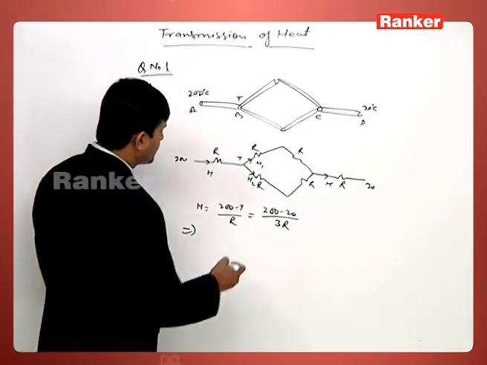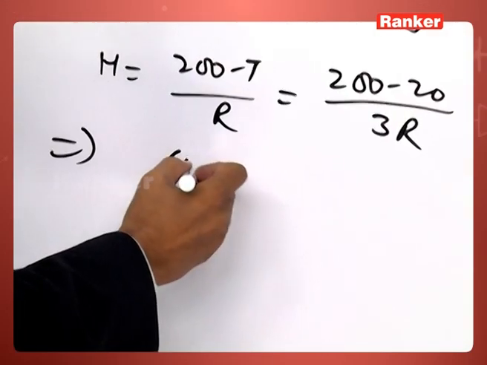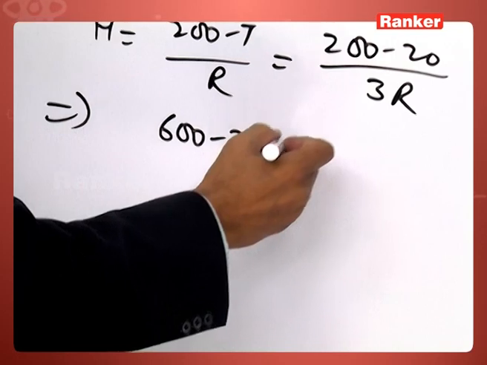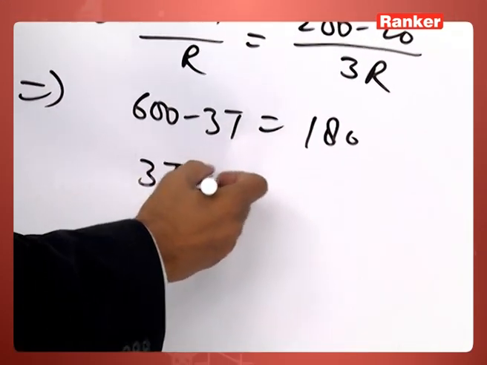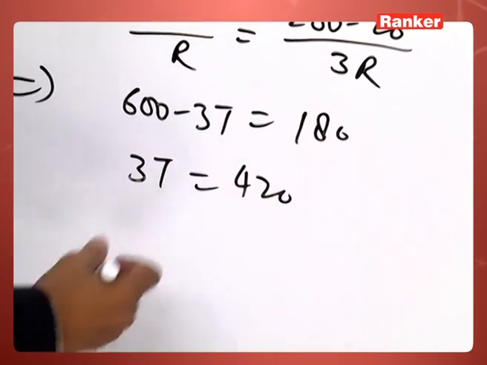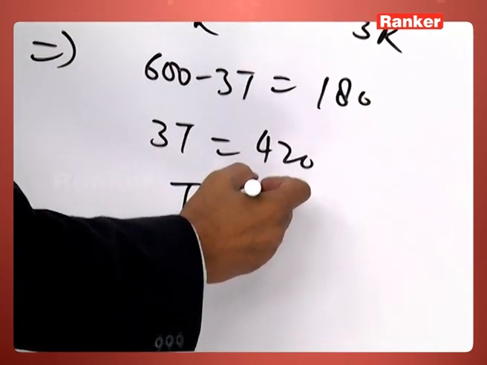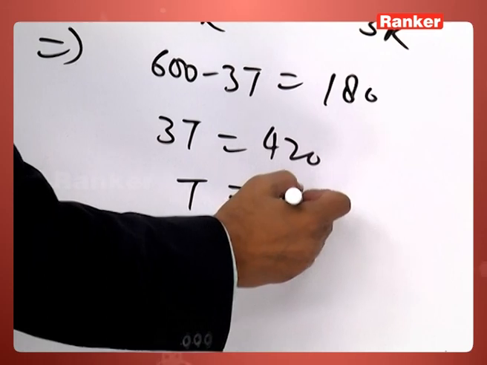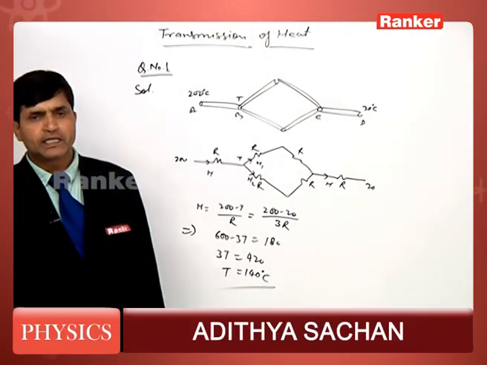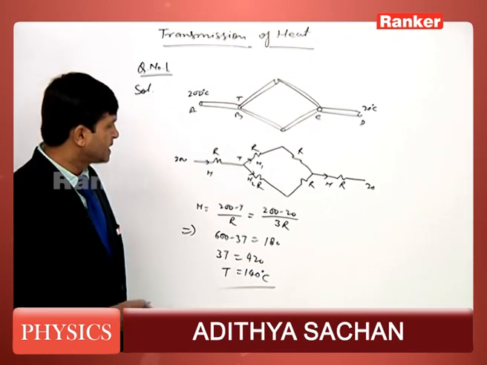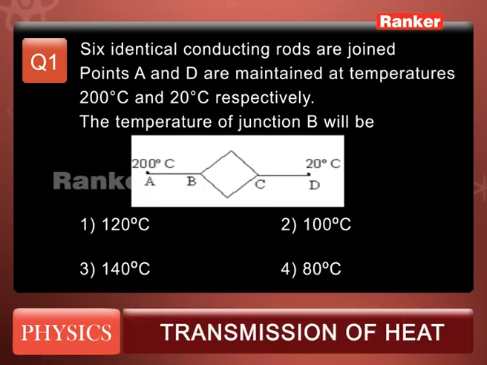Now we can simplify here. 600 minus 3T is equal to 180. So 3T is 420. So T is 140 degrees Celsius. The temperature of the junction B is 140 degrees Celsius. The correct option, answer number 3, is the correct option.